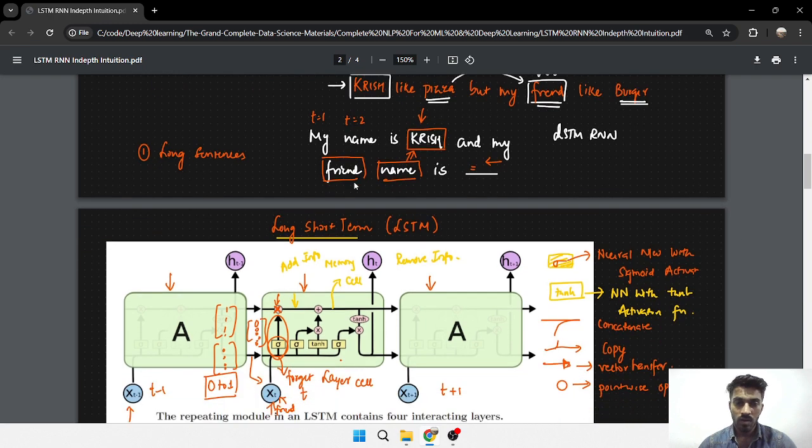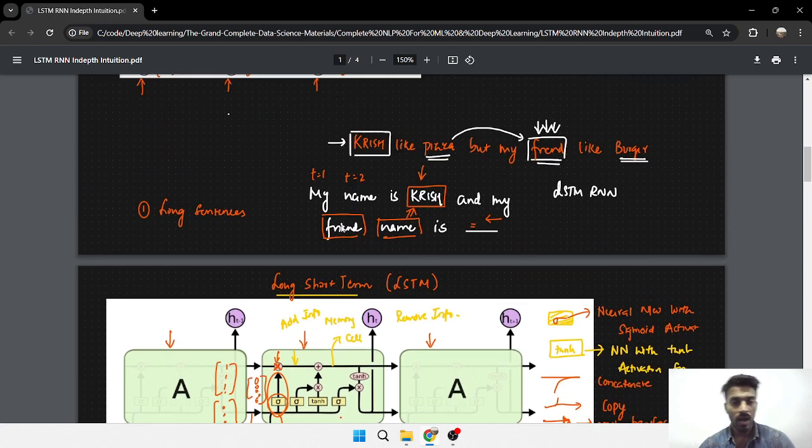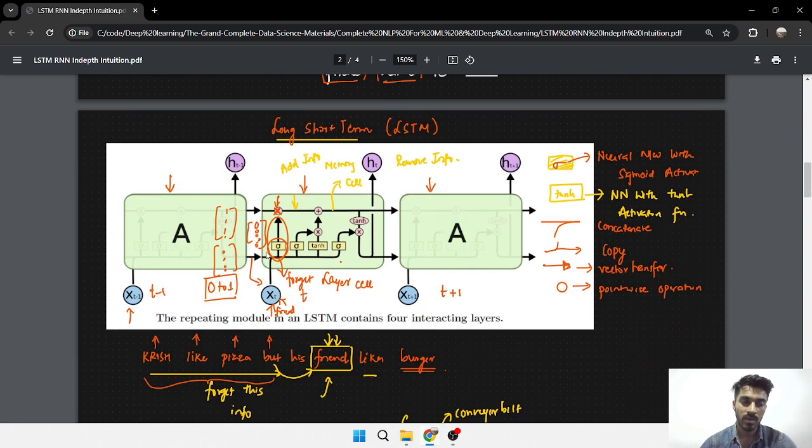So why LSTM RNN? RNN has the problem that it can't remember if our context vector is dependent on the second or third sentence. LSTM will help us remember this. We have already seen the upper layer, which is known as the long-term dependency layer.